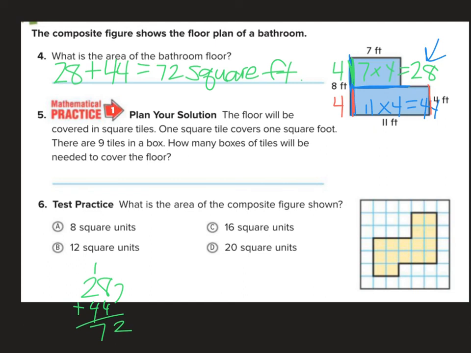Next question says, the floor will be covered in square tiles. 1 square tile covers 1 square foot. There are 9 tiles in a box. How many boxes of tiles will be needed to cover the floor? So for this one, we're going to need to do 72 divided by 9 tiles in a box, and 9 times 8 is 72, so they will need to buy 8 boxes.